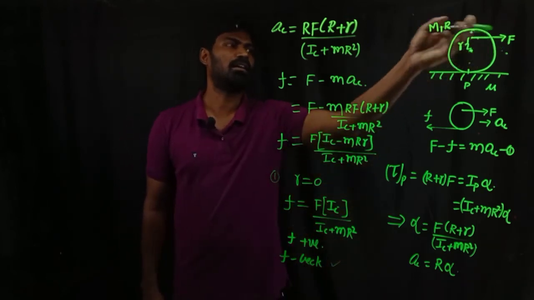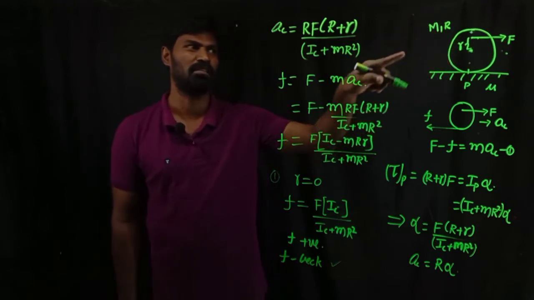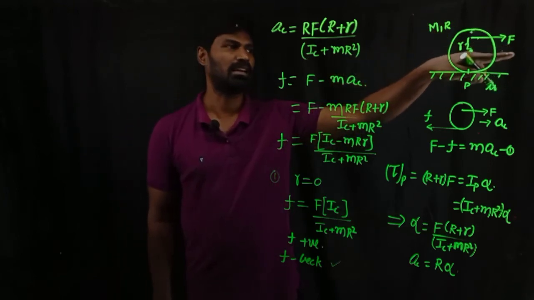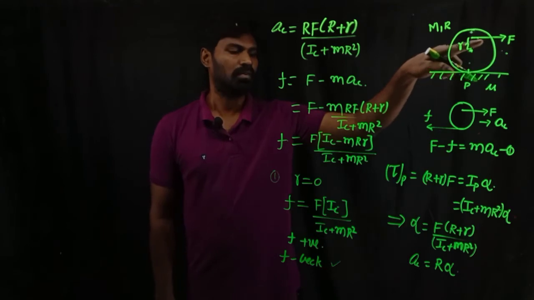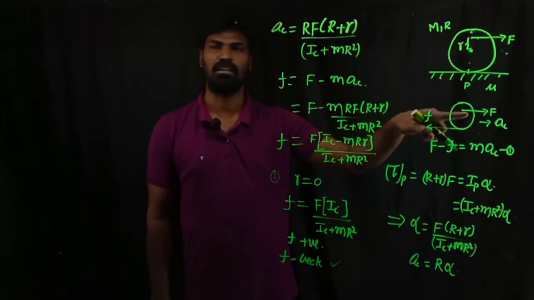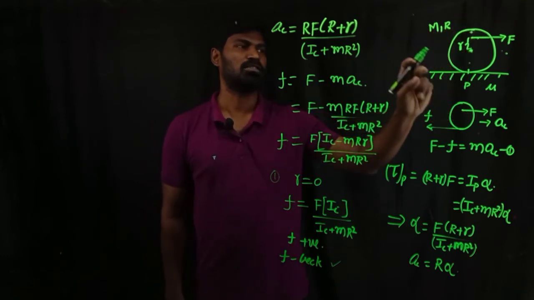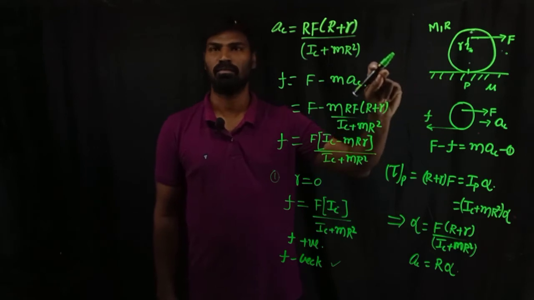Okay, this is a concrete statement that we can keep in mind. It is independent of the shape of the body, whether it is a circle, disc or sphere, whatever it may be. When the line of action passes through the center of mass, the frictional force acts opposite to the applied force. That is observation number 1. And the torque due to applied force is 0. Only torque is due to the frictional force.